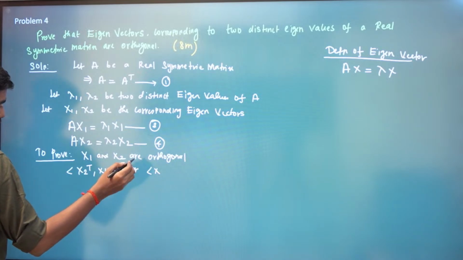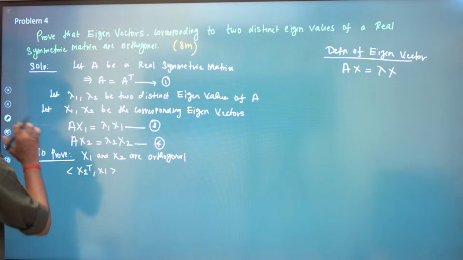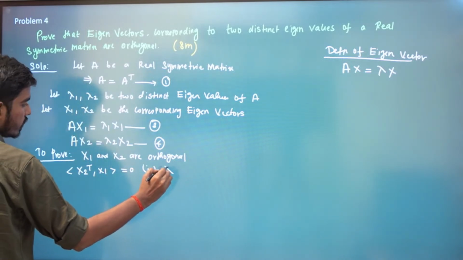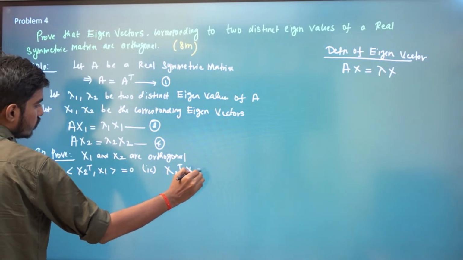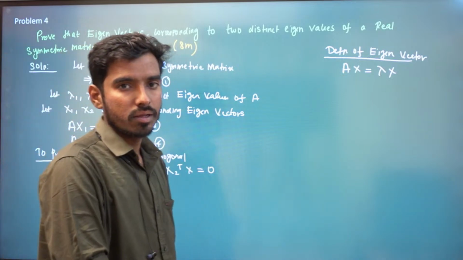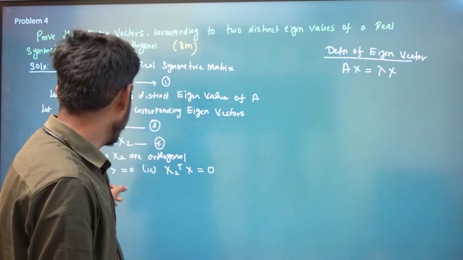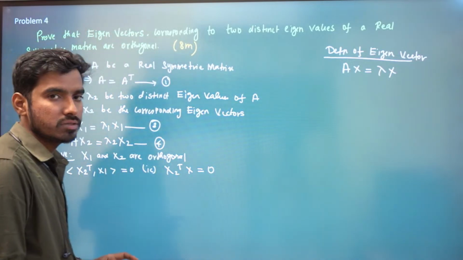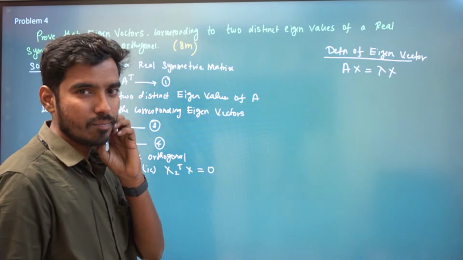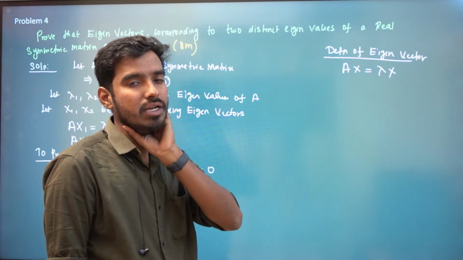So this alone is enough. If I show this inner product is 0, it means they are perpendicular. As a result, they will be orthogonal. It is the basic definition of orthogonality in inner product space, right?